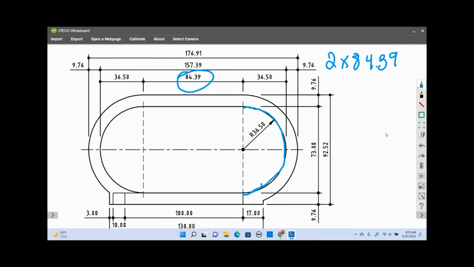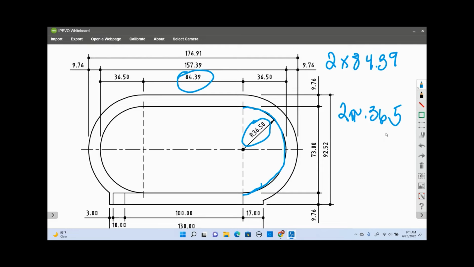Now, of course, together they make a circle, and the circle has a radius of 36.5 meters. To get the distance of just the curve part, it's just the circumference of a circle with a radius of 36.5. So that would be 2 pi times 36.5.